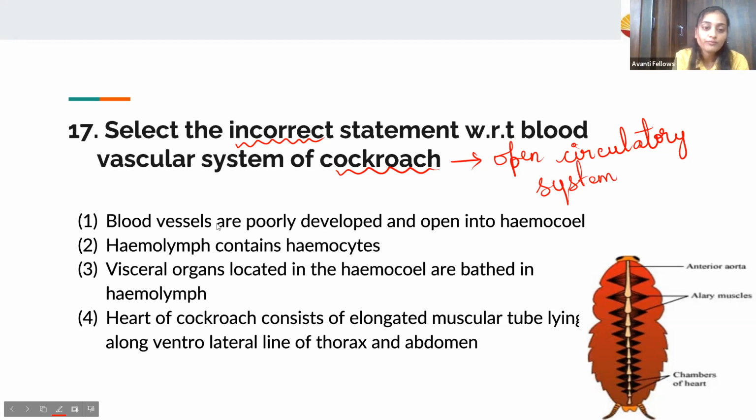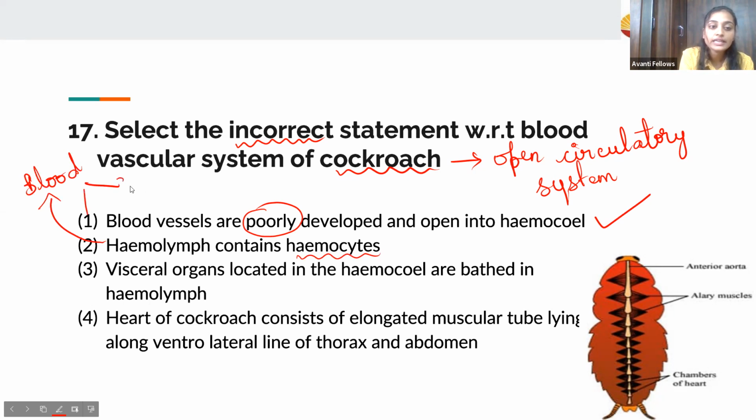Yes, so here the blood vessels are poorly developed. This option is absolutely correct. The second statement says that the hemolymph contains hemocytes. Hemolymph is nothing but the blood of this cockroach, and it contains 90% watery fluid and 10% hemocytes.